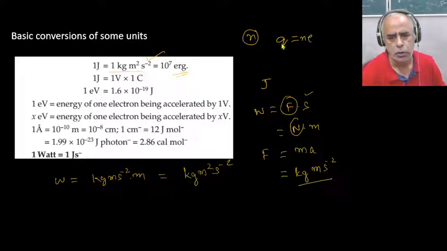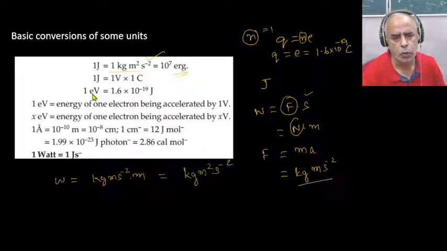Now this is the charge carried by N number of electrons. Let me say N integer is equal to 1, which is nothing but q is equal to e, that is the electronic charge, the charge of an electron, 1.6 into 10 power minus 19 coulomb. So when it becomes electron volt, 1 electron volt is nothing but 1.6 into 10 power minus 19 joule.